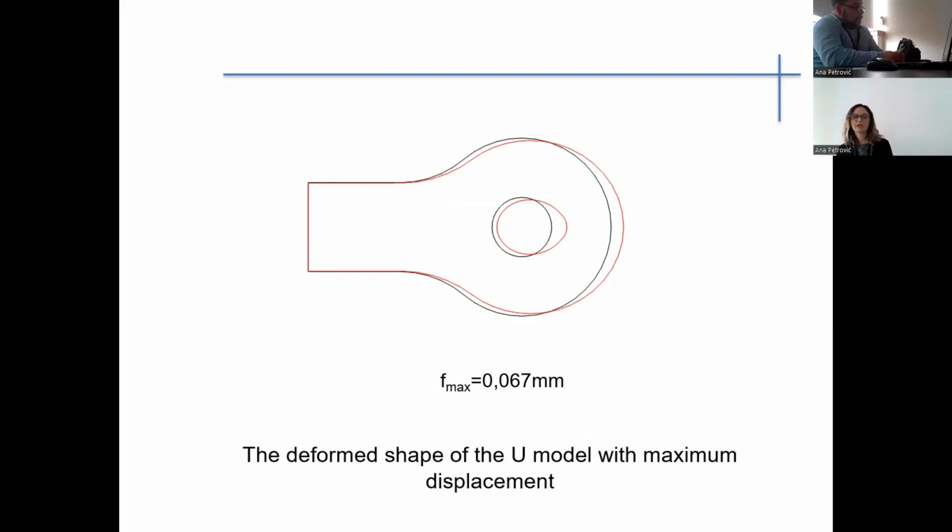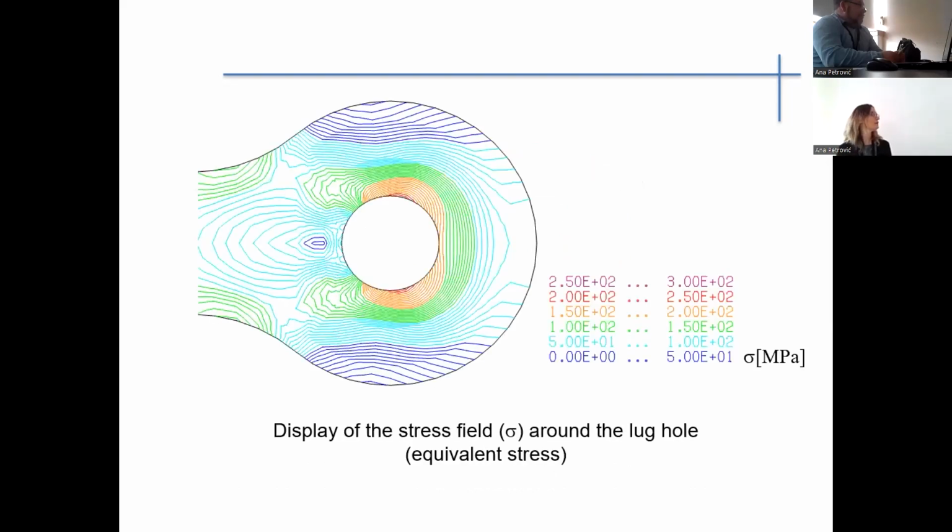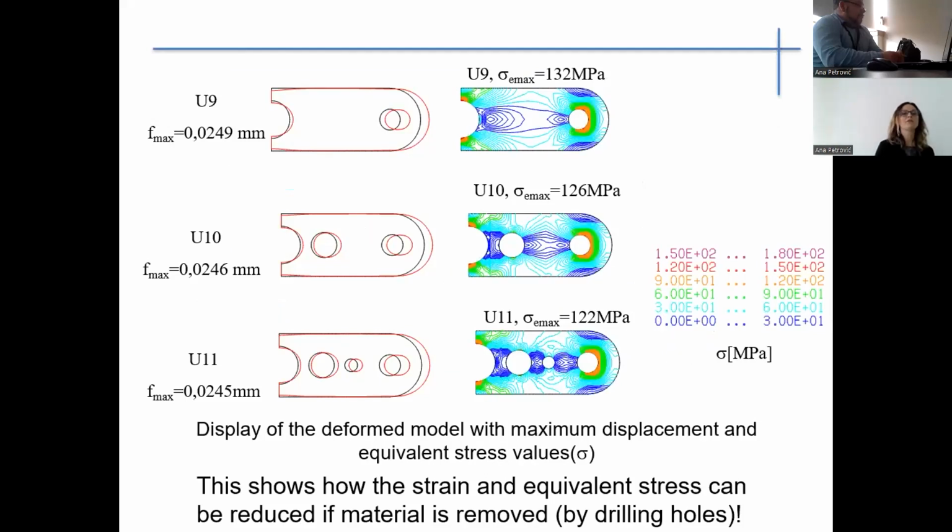The deformed shape of the U model with maximum displacement is shown here, and the display of the stress field around the lug hole. Equivalent stress is here again, in Abaqus software. Display of the deformed model with maximum displacement and the equivalent stress values are here.